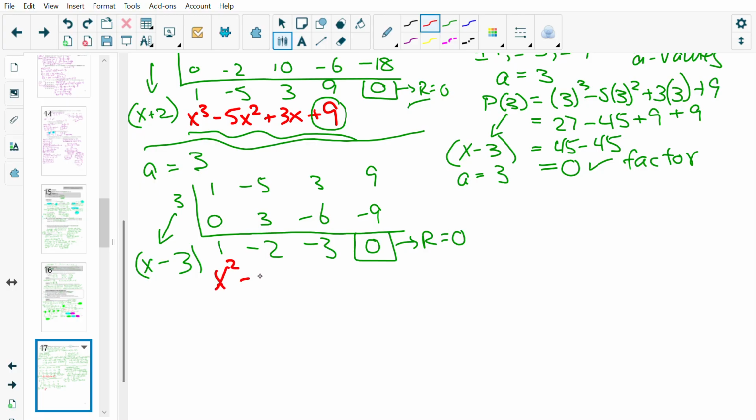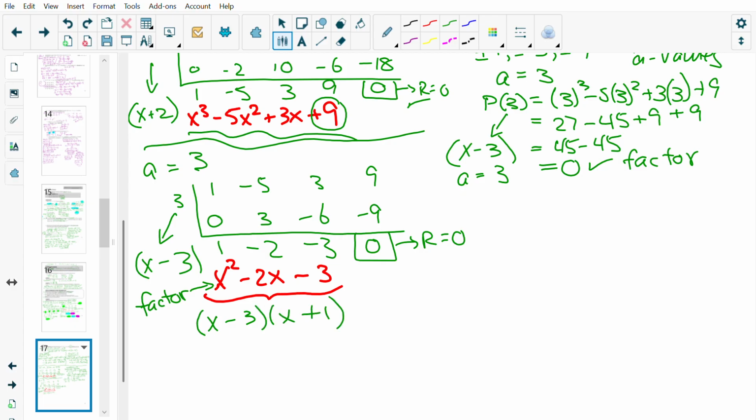What's left over, folks? x squared minus 2x minus 3. The last part here is I need to factor that, and then we're almost there. That factors as x minus 3, x plus 1.